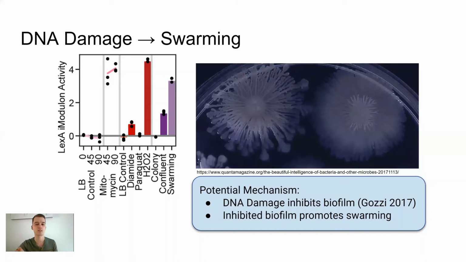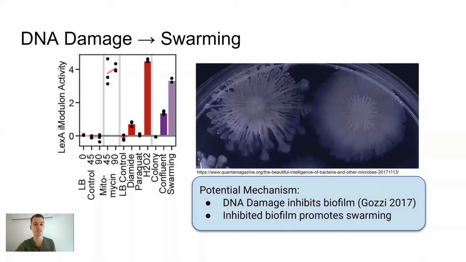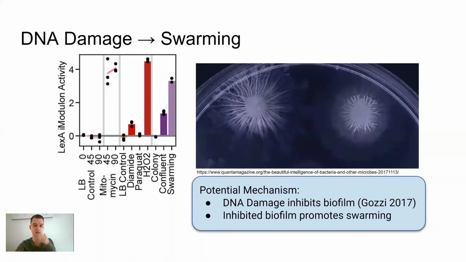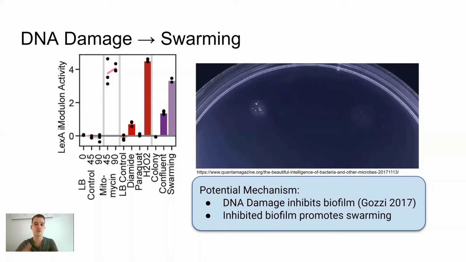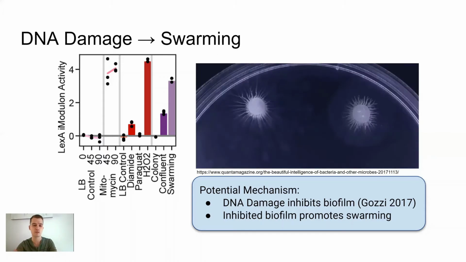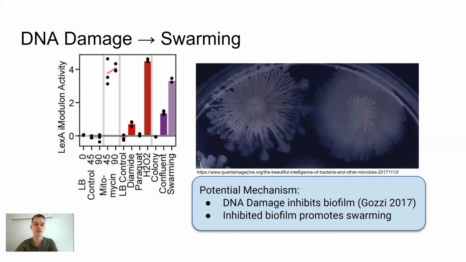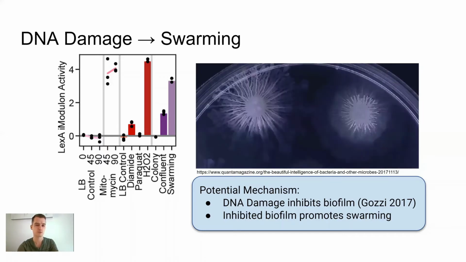And these two things have never been related in the past, but this result suggests that they should be. And if you look closely at the literature, you can see a potential mechanism, which is that DNA damage inhibits biofilm formation. And biofilm formation and swarming are sort of in this biological trade-off. And so we can expect that DNA damage might lead to swarming, and indeed that is what was found.